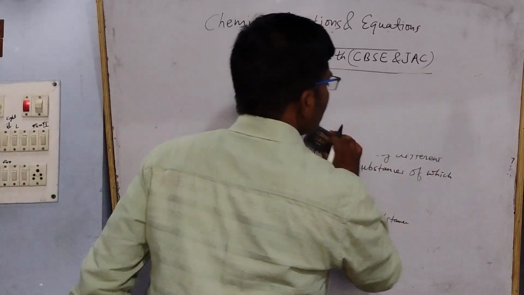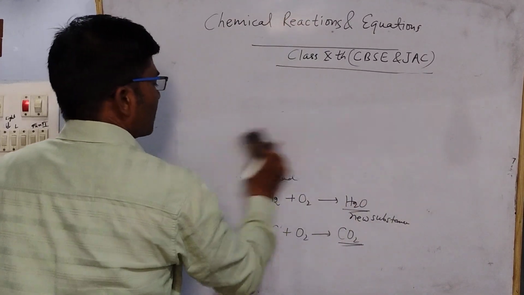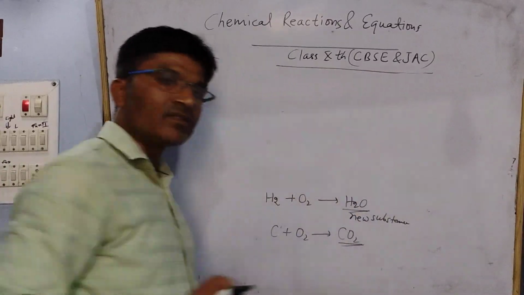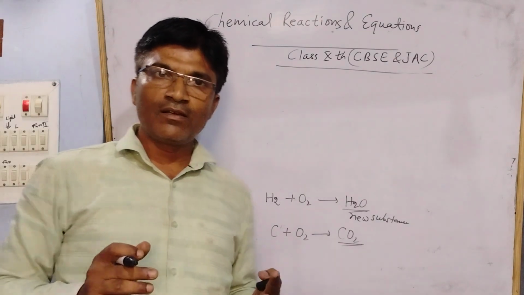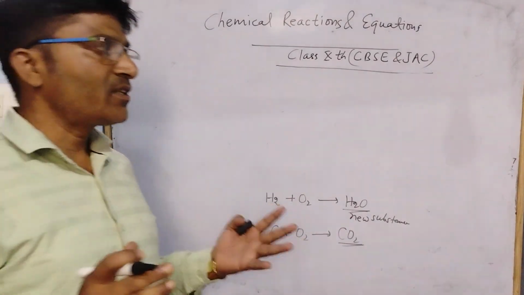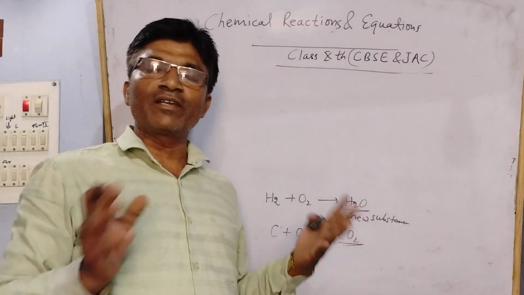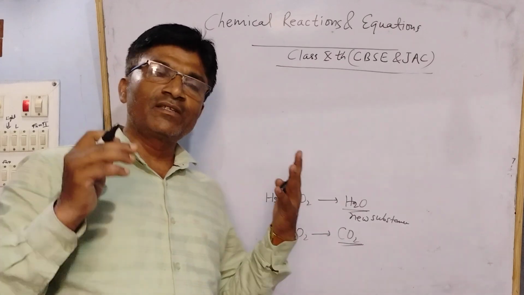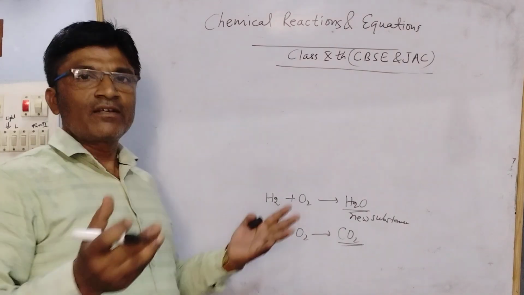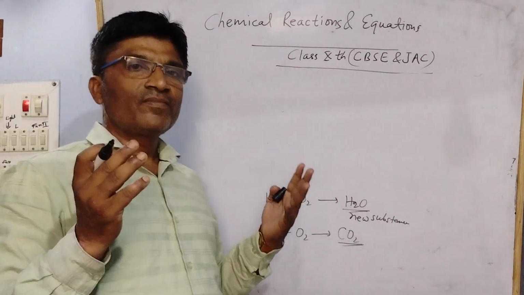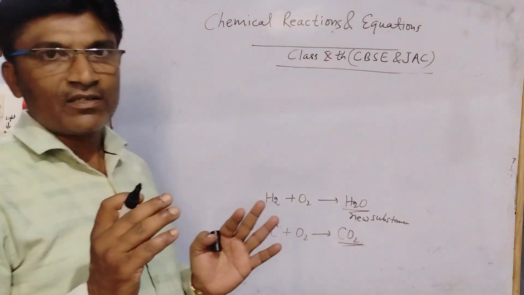Next, we must know some characteristics of chemical reactions. That means a question arises: what are the characteristics of a chemical reaction? That means how we can identify that a chemical reaction took place.